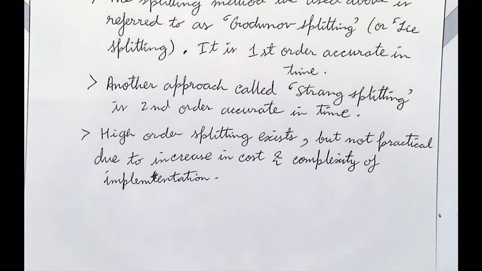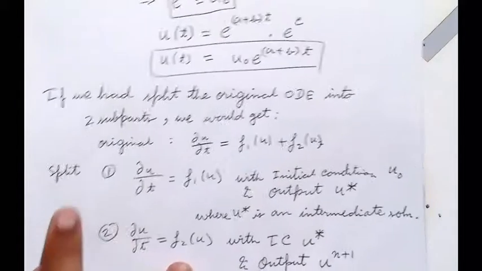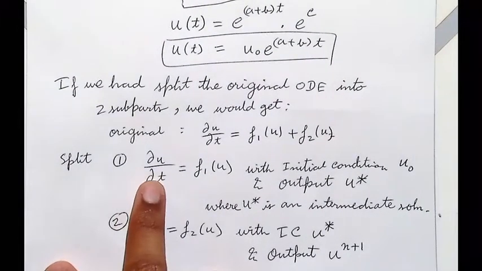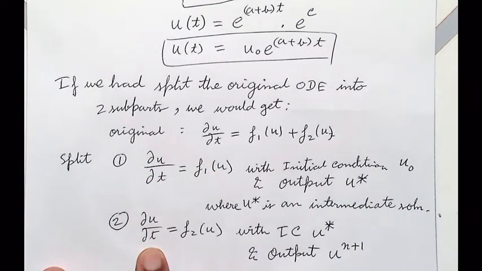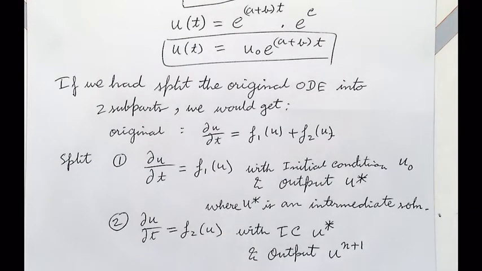When we did the splitting, we said you will split it this way, right? Split step number 1 is du by dt is f1. Second step is du by dt equals f2. Is this the only way to do this?